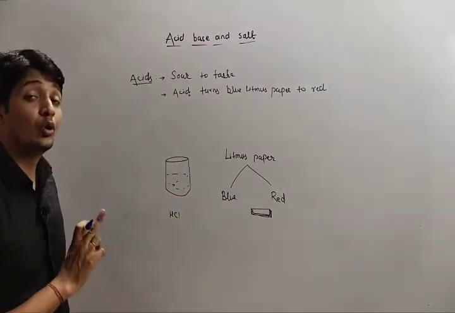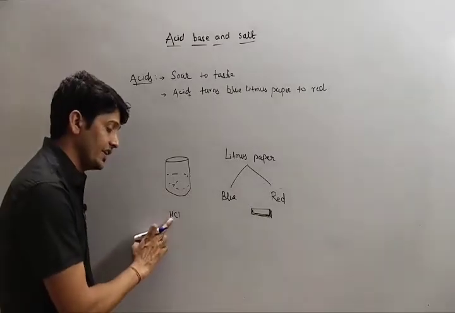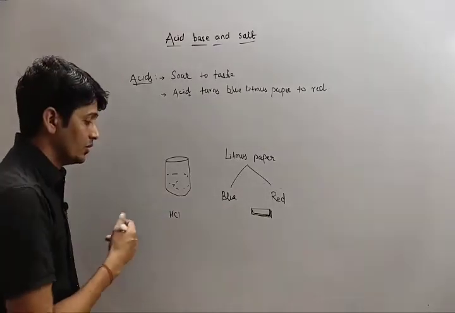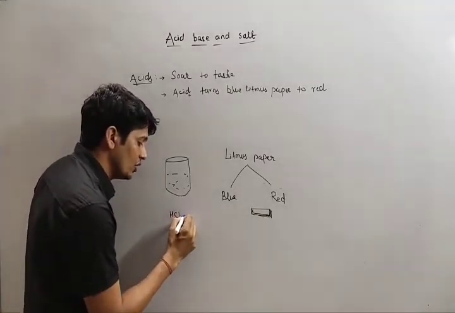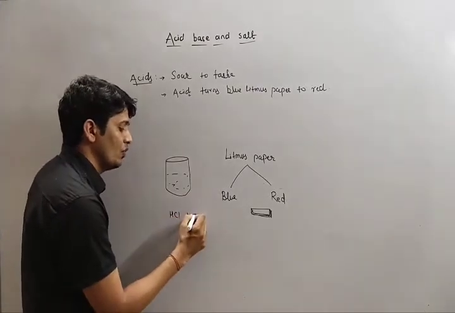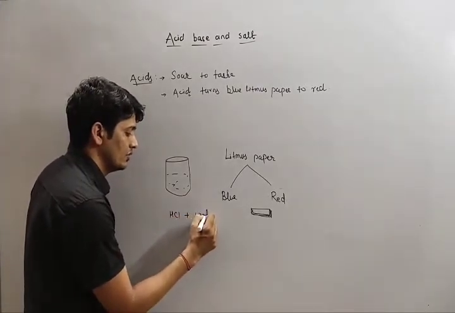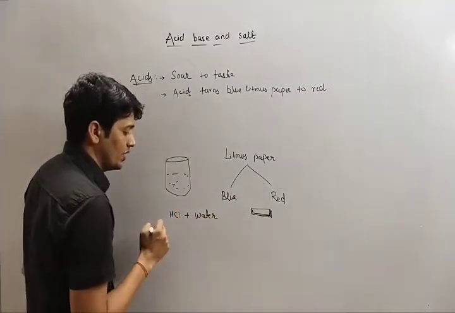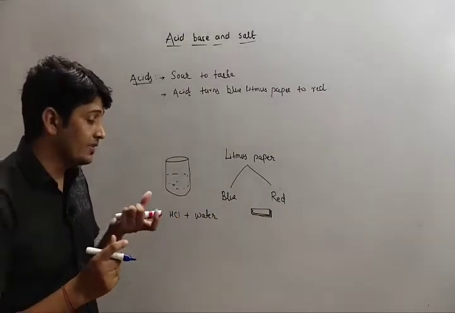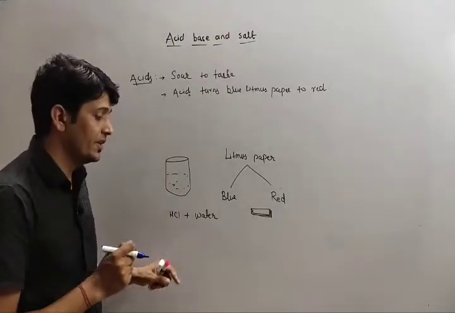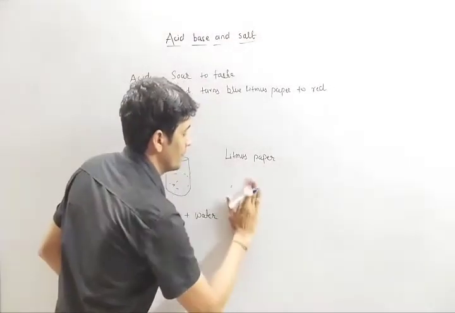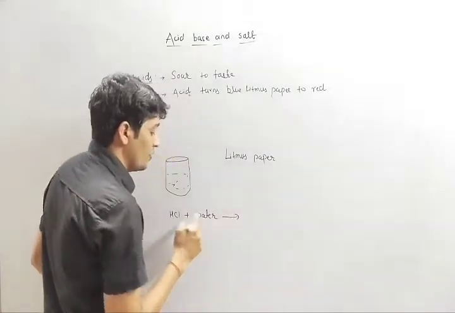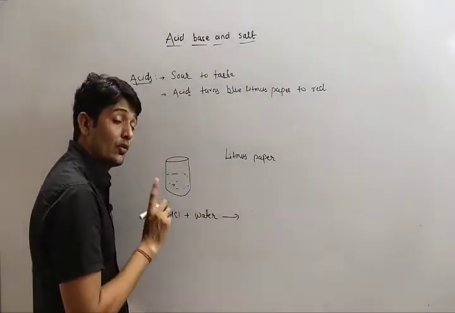It is hydrochloric acid. If we dissolve this acid in water, then we will get the solution of hydrochloric acid. That means we will get the aqueous solution of HCl.